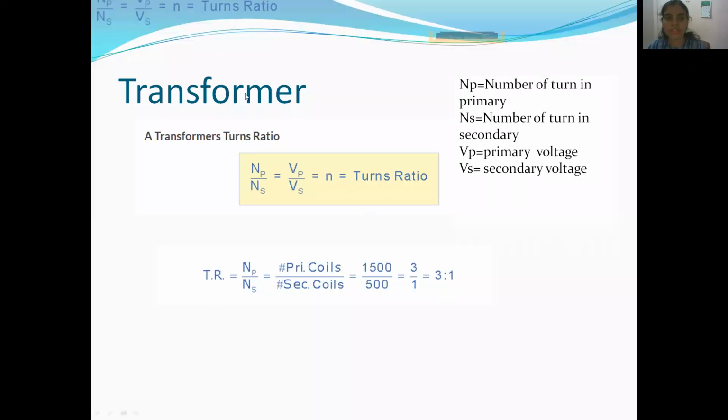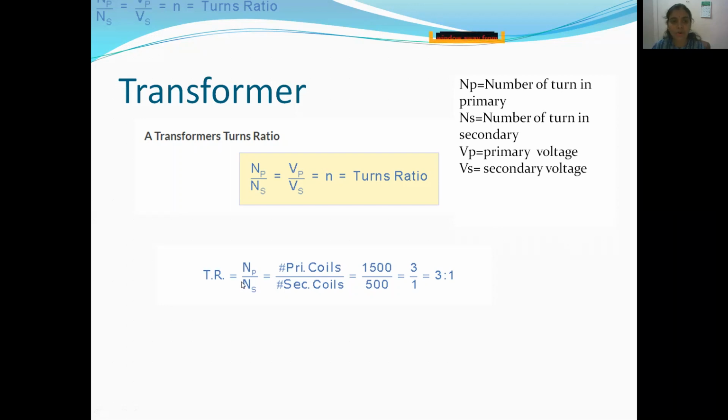If a voltage transformer has 1500 turns of wire on its primary coil and 500 turns of wire for its secondary coil, what will be the turn ratio TR of the transformer? This ratio is 3:1. It simply means that there are 3 primary windings for every 1 secondary winding.